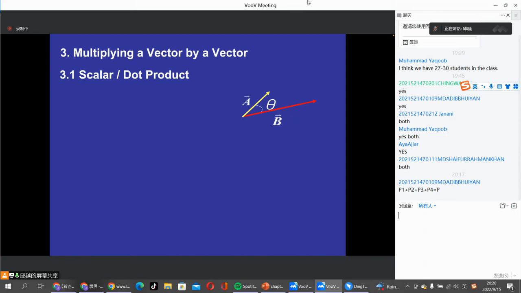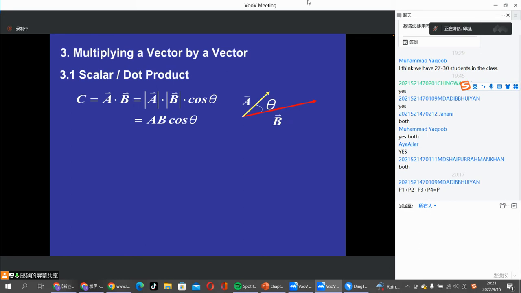A vector multiplied by a vector equals a scalar. Here we have the same two vectors, vector A and vector B. Vector A dot multiply vector B, or we can also say vector A dot vector B, equals a scalar C.